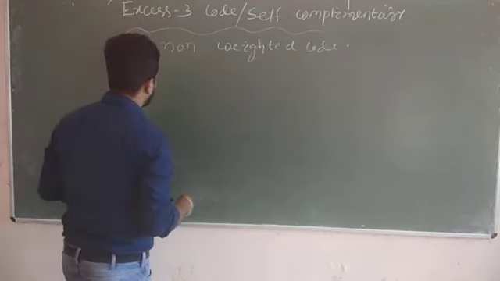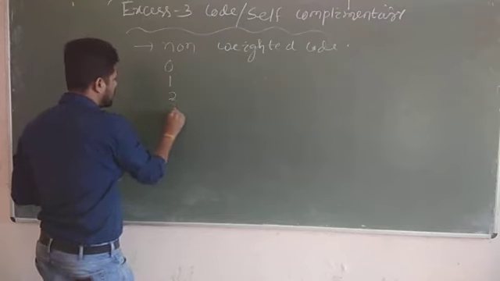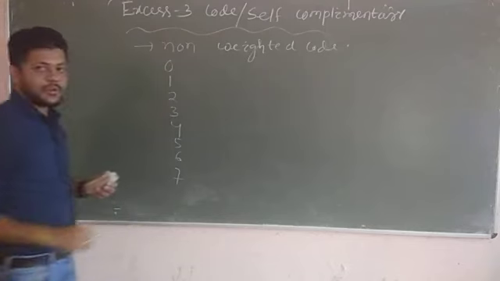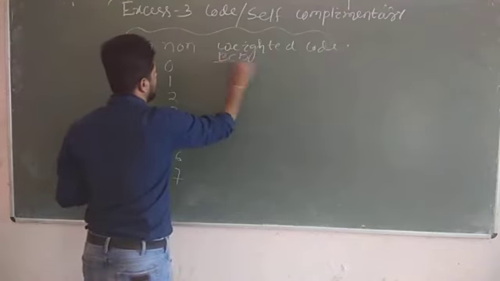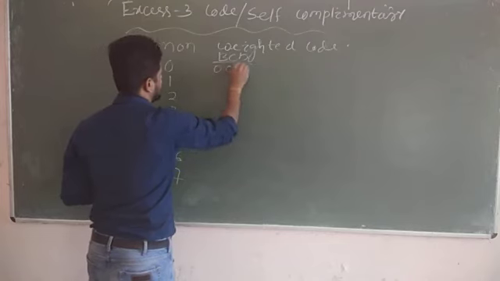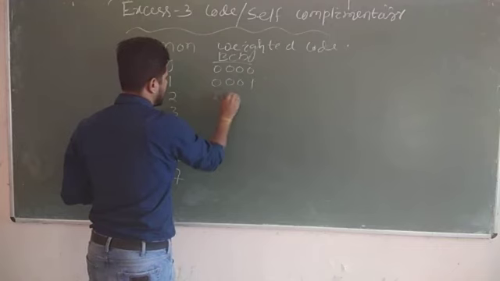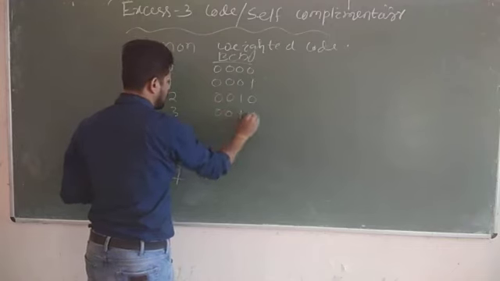So how to find it? This is very simple and easy. 0, 1, 2, 3, 4, 5, 6, 7. So a binary number is given. Corresponding BCD code, we can write this as 0 0 0 0, this is 0 0 0 1, this is 0 0 1 0, and this is 0 0 1 1.